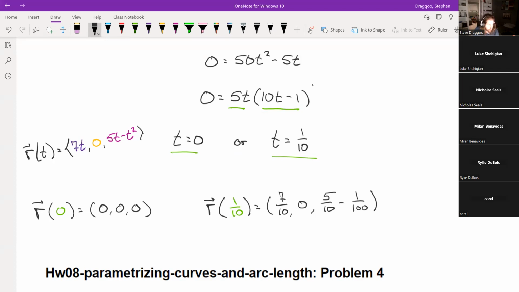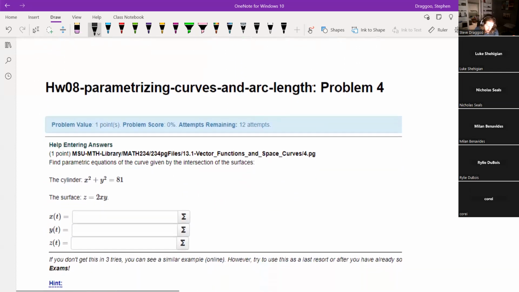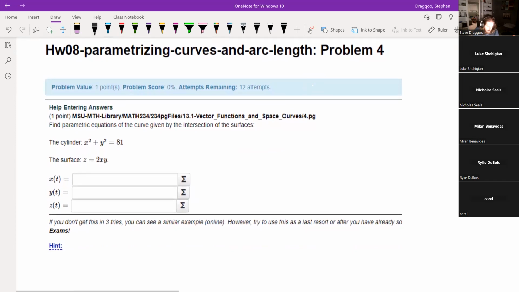The one that I know everyone's going to have the most fun with, probably, is one like this. Here's two quadratic surfaces. One is a cylinder and the other is a surface, because we just called it that. So we aren't going to bother trying to classify that other one.